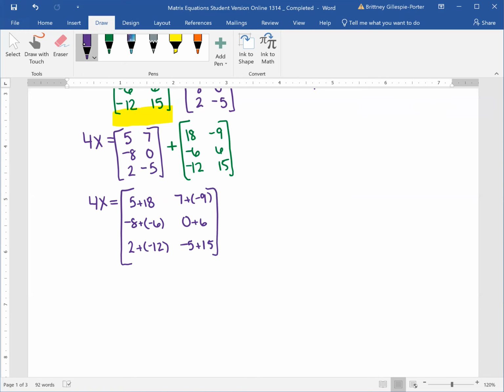Okay. That means we need to do some of the arithmetic here. We get 4x is equal to 23, -2, -14, 6, -10, and 10.